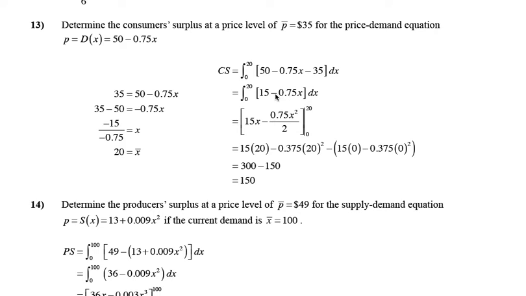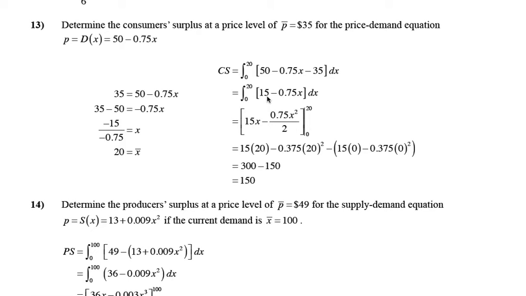Well, 50 minus 35 is 15, and so we evaluate this definite integral to find our consumer surplus: 15 minus 0.75x evaluated from 0 to 20.